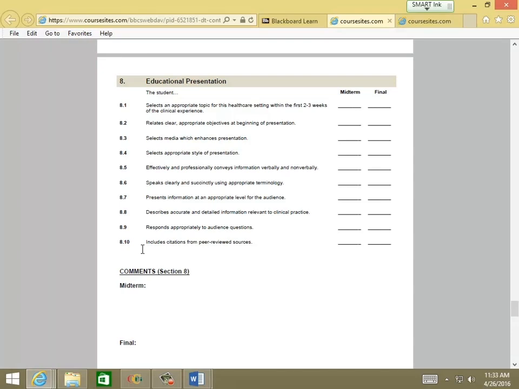If the student chooses an alternate type of an in-service that does not warrant a formal presentation to your staff, then we ask that that in-service topic be pre-approved by the course coordinator at the college before they move forward with that topic.